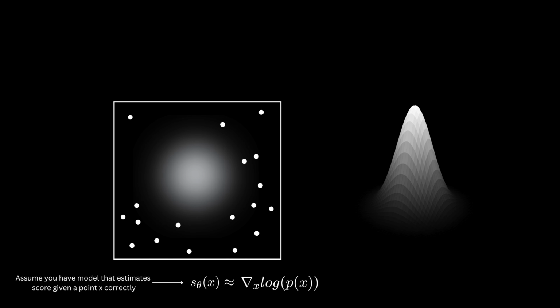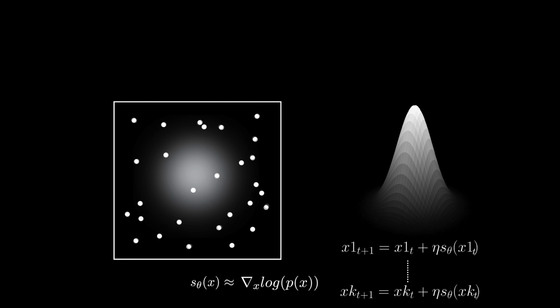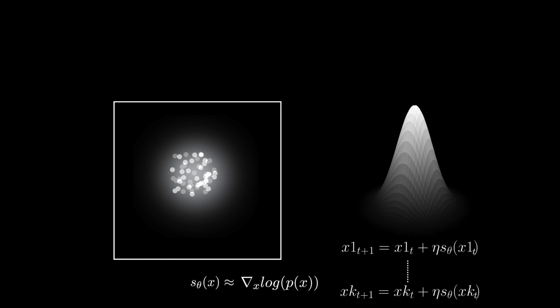So what can we do with this score? If we had this score available at all points, then we can generate samples from this distribution. We can just start with, say, k random initial points, and then simply move each of those k points a little bit in the direction of the gradient. After repeating this for a large number of steps, we will end up with points that have very high likelihood according to the probability density that we are working with.